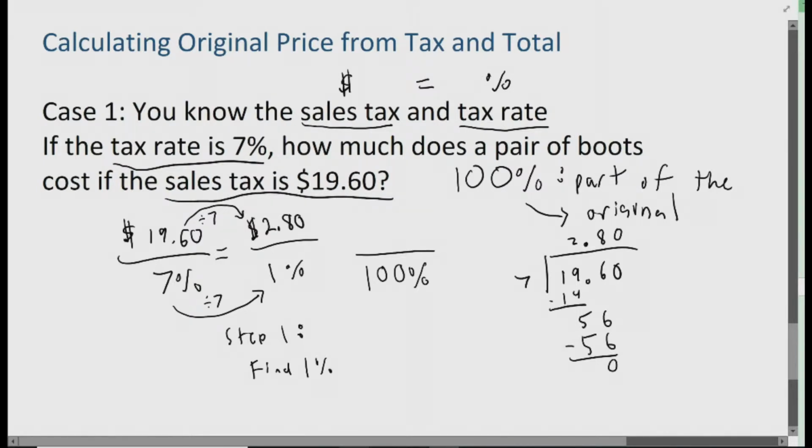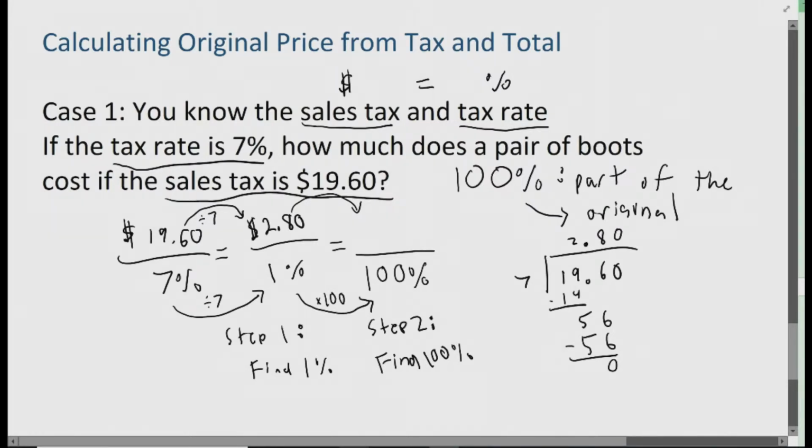So if we know 1% is $2.80, how do we get from 1% to 100%? That leads us to step 2, find 100%. And this should be very simple. In this case, we're going to be multiplying by 100.